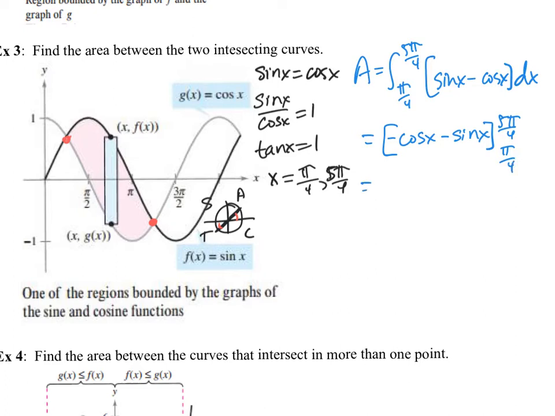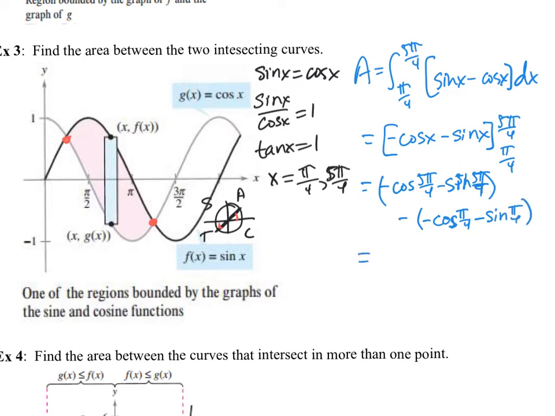So that would be equal to negative cosine 5 pi over 4 minus sine of 5 pi over 4. Let's go ahead and put parentheses around that, and then we're going to subtract the antiderivative evaluated at pi fourths. So that would be negative cosine pi fourths and then minus sine pi fourths.